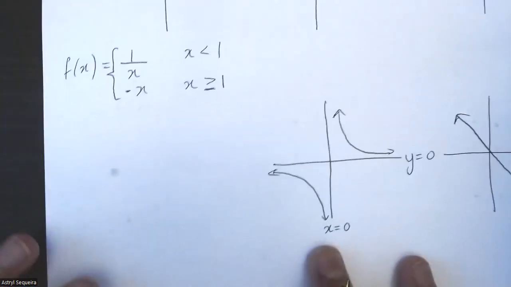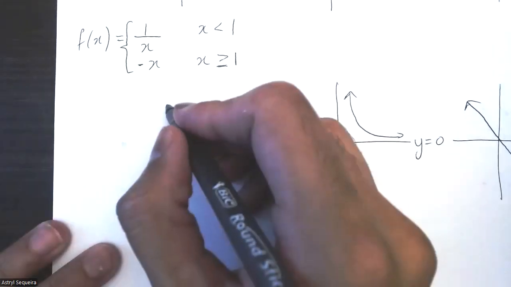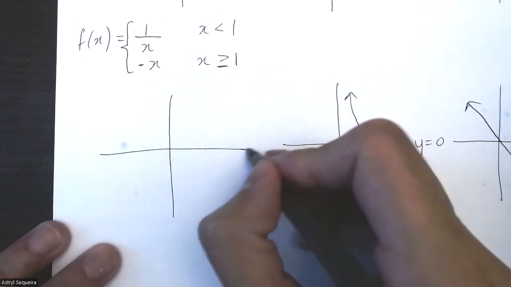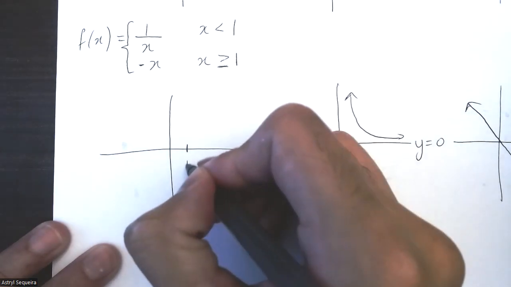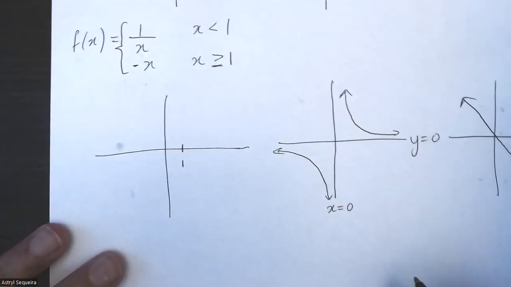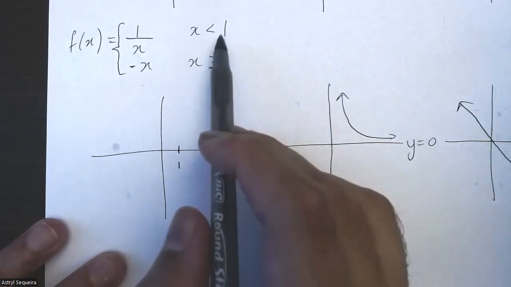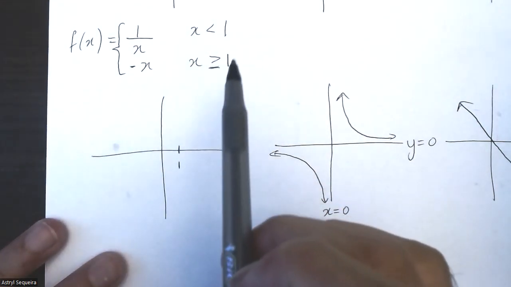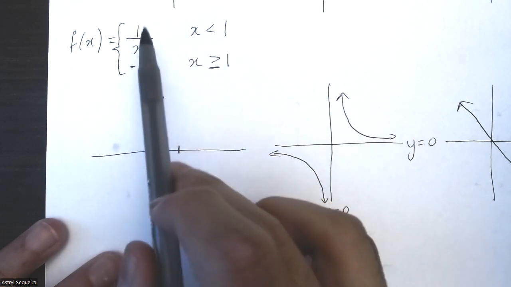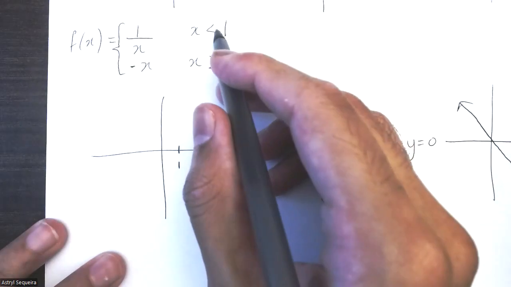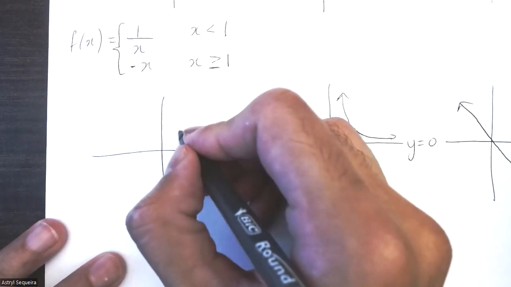Let's combine these two functions over here. You know that our key point is positive 1. So if I sub in 1 into this equation over here, 1 divided by 1 is just 1. And it's going to be an empty dot because there's no equal sign there.